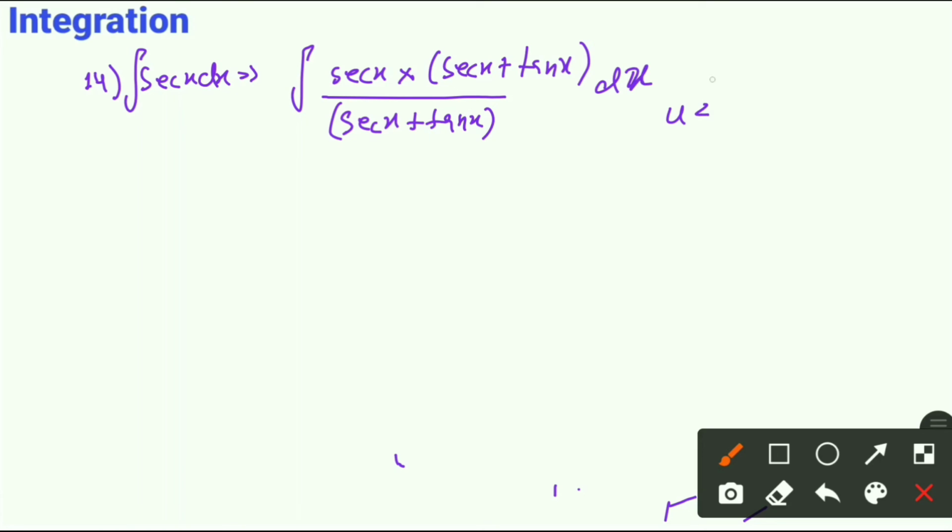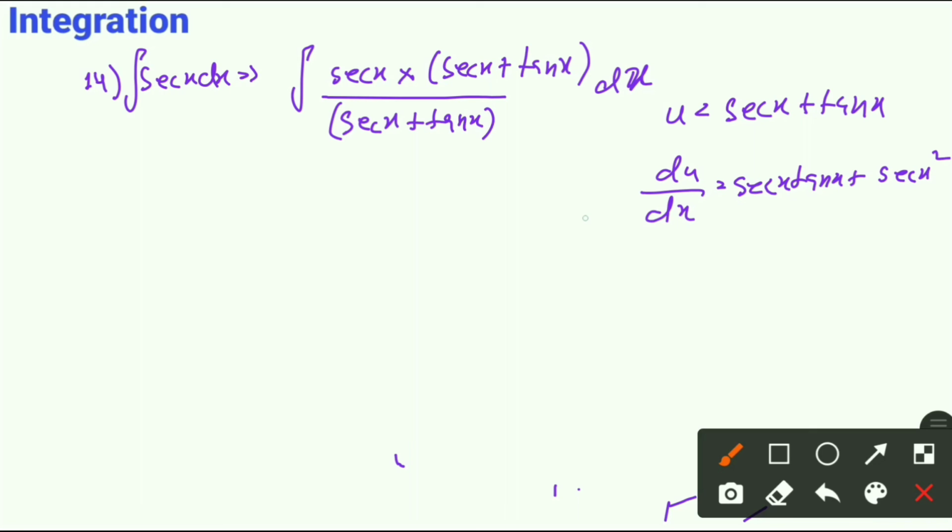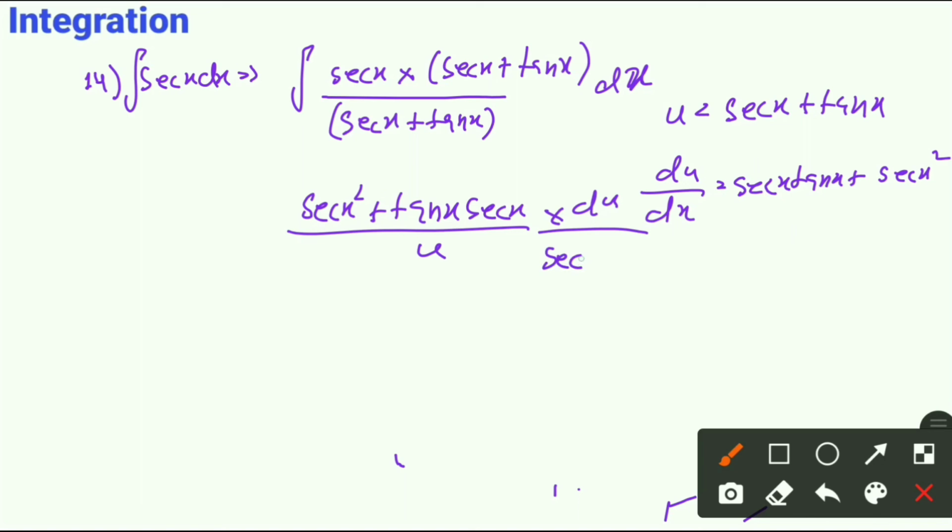Then doing the substitution, u is equal to sec x plus tan x. Now doing the differentiation, I get sec x tan x plus sec squared x. Substituting, sec squared x plus tan x sec x upon u multiplied by du upon sec x tan x plus sec squared x. Cancelled, leaving 1 upon u du.